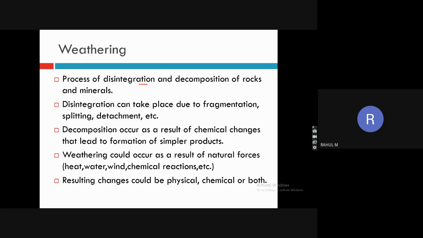Please make a note of this one. It is a process of disintegration and decomposition of rocks and minerals. And this disintegration can take place due to fragmentation, splitting, detachment, etc.